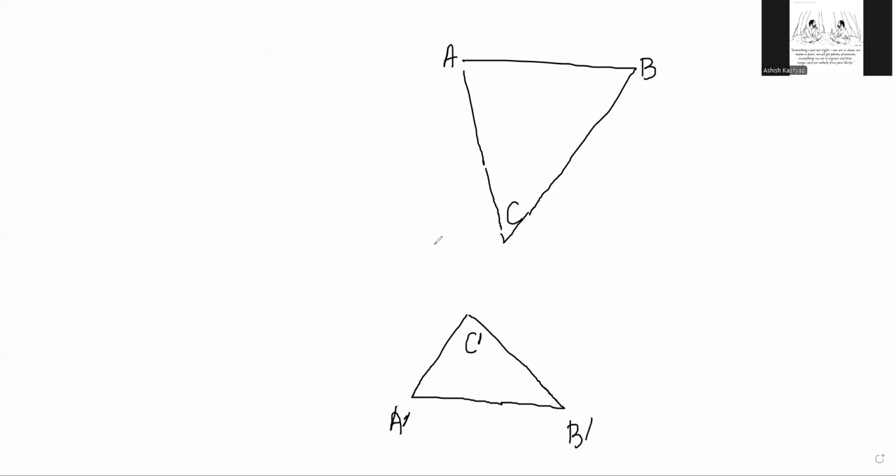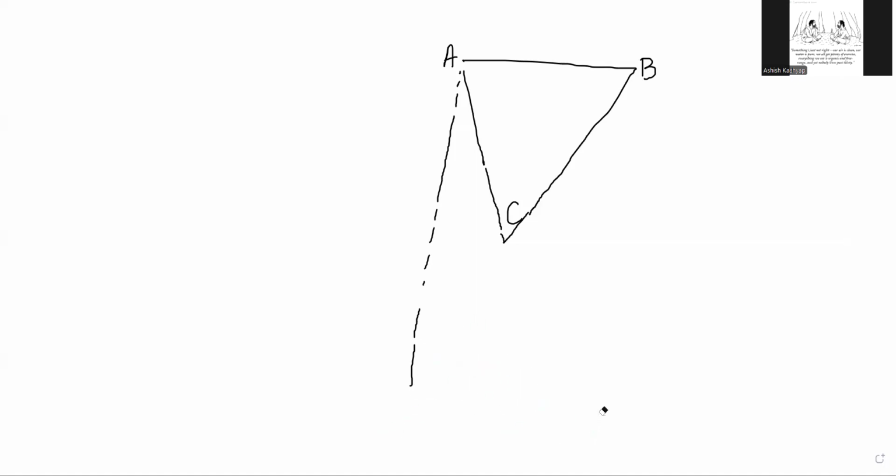So we have to join A A dash, that's a line, B B dash also. Okay, I have drawn the triangles in such a way that the lines look parallel, so it will be difficult. So we should make the lines in such a way that they look concurrent, right? Because then the figure becomes very long, very big.